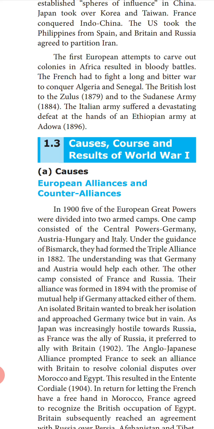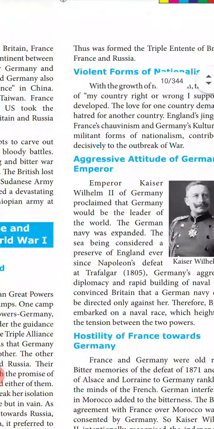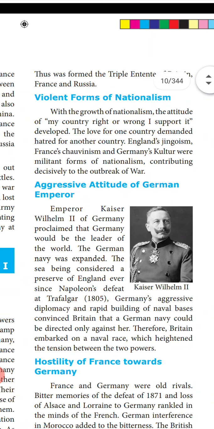தேசத்தின் மேலே அப்படி ஒரு வெறித்தனம். என்னுடைய கண்ட்ரி, என்னுடைய நாடு, தப்பும் சரியும், ஐ சப்போர்ட் இட். My country, right or wrong, I support it, developed. The love for one country demanded hatred for another country.